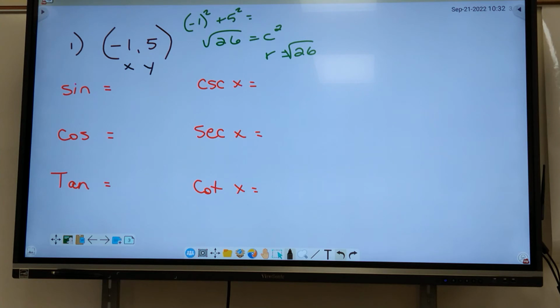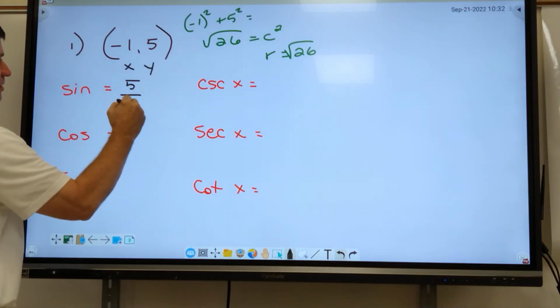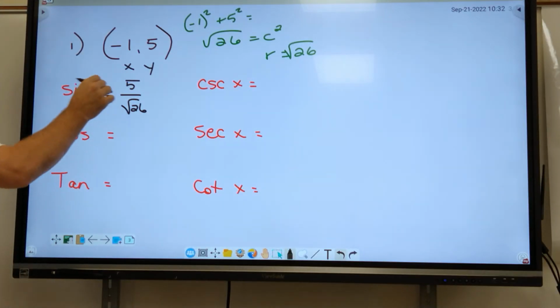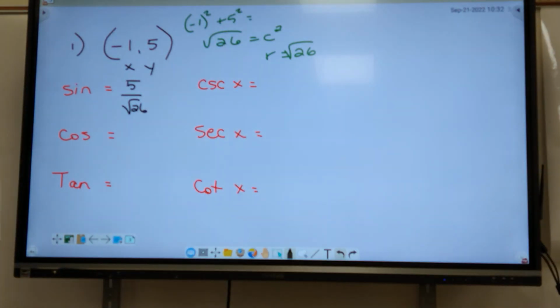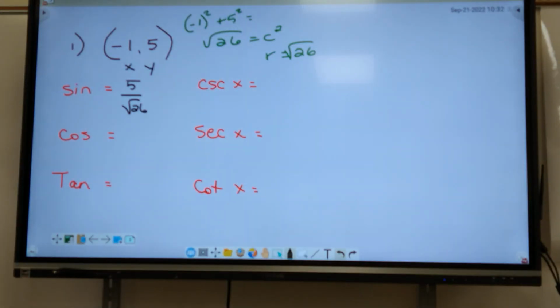So instead of y over 1, we're doing y over r. So this one's going to be 5 over root 26. All right? Now, can I leave my answer that way? No, but we're going to have our calculators on this part on the quiz, or on the test. Plug that in your calculator. Let your calculator simplify it for you. Tell me what you get.